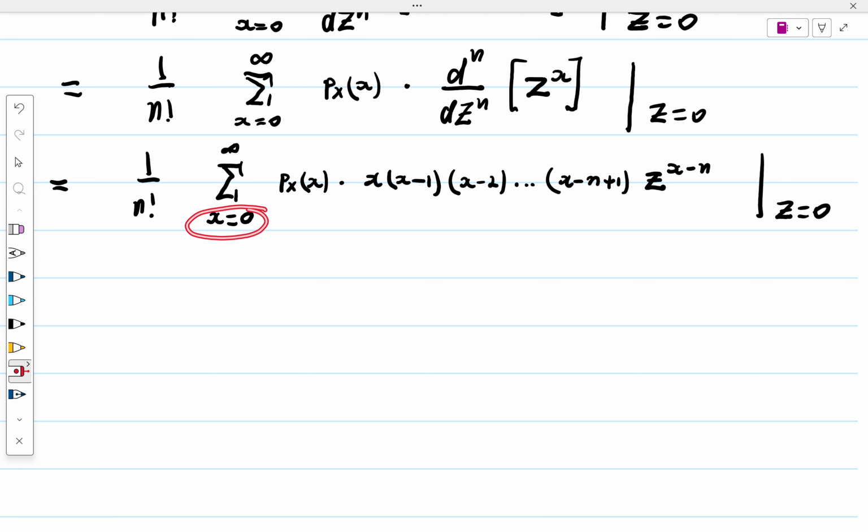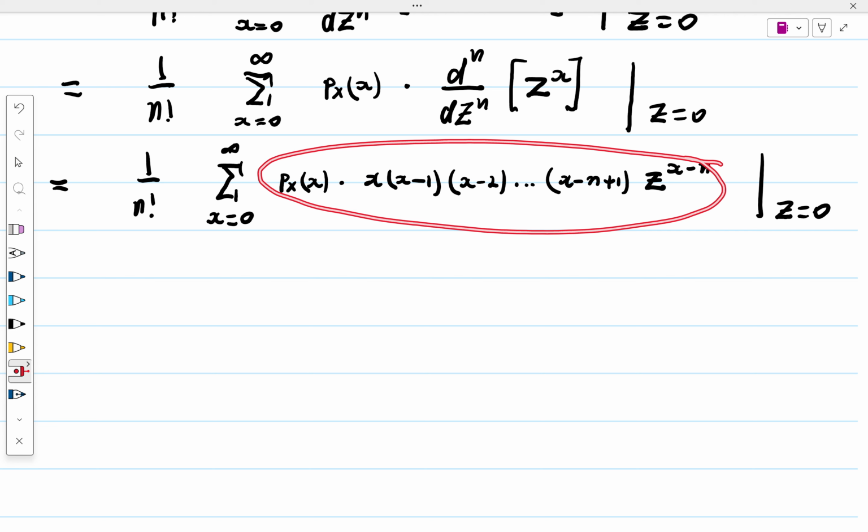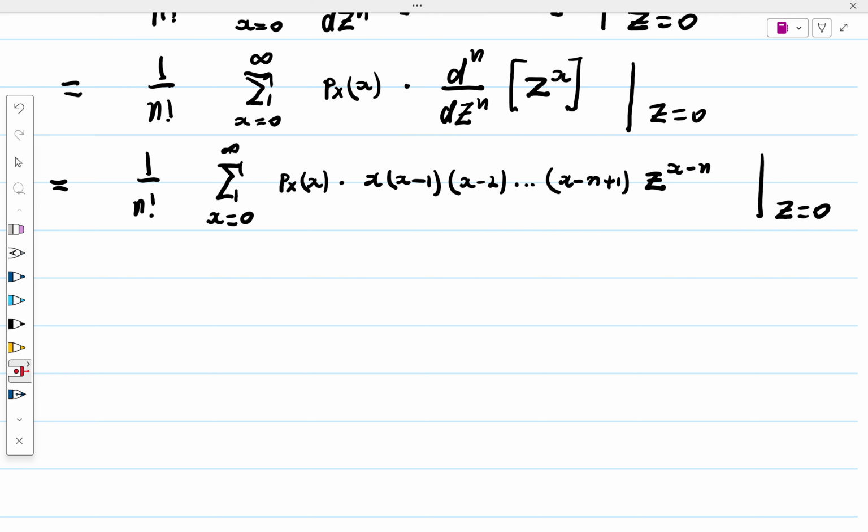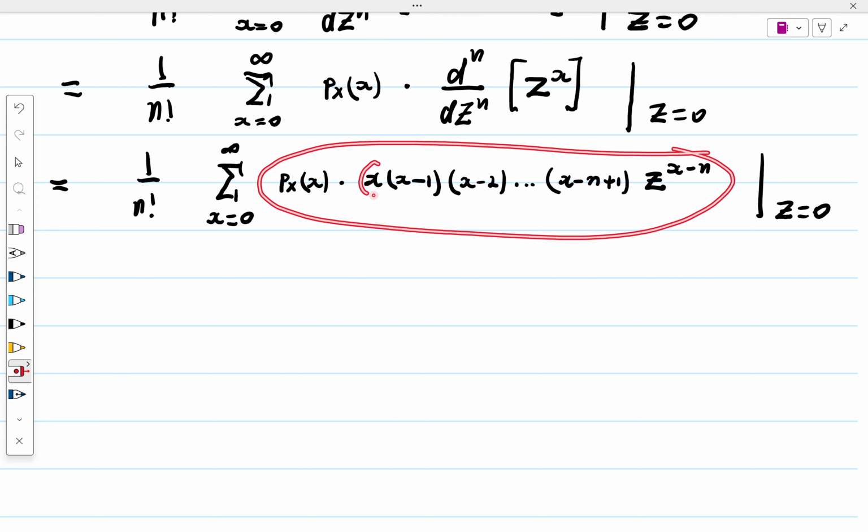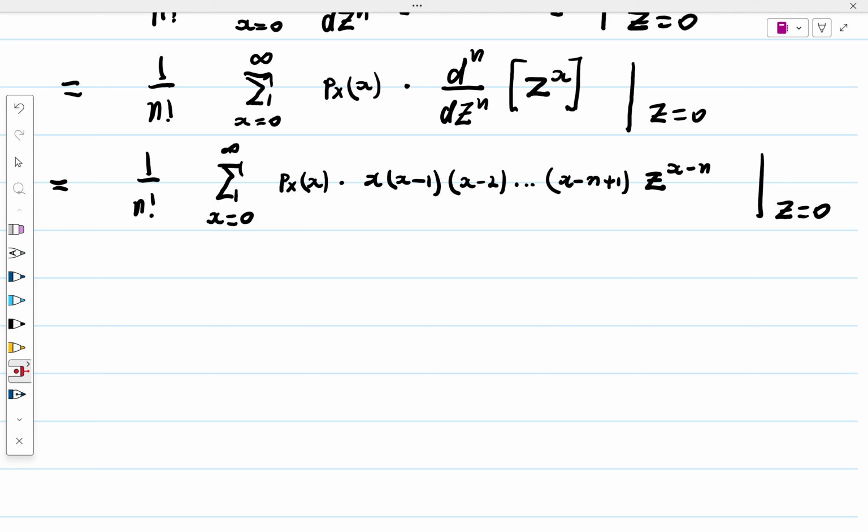Look at the first term, it's 0. What happens when I substitute in 0 into this expression here? Well, I'm going to notice that this first term, this x term, will become 0, and therefore this is a product, and we're multiplying by 0, and therefore the whole product becomes 0. Interesting. What about the next term?